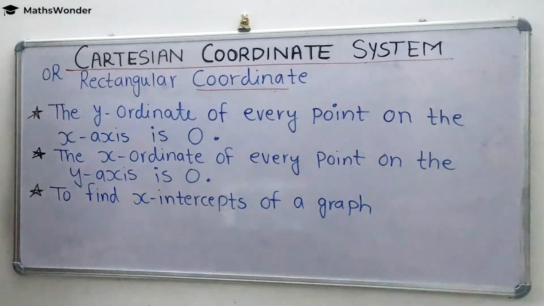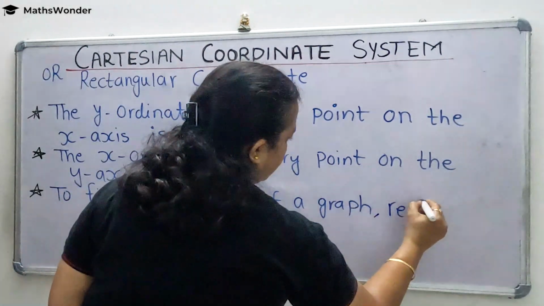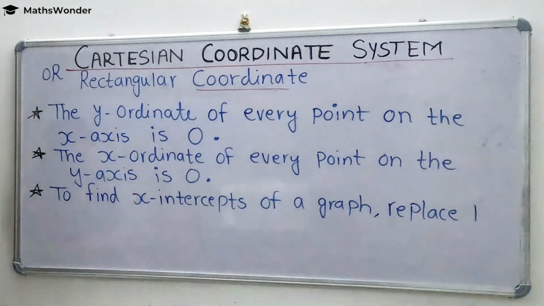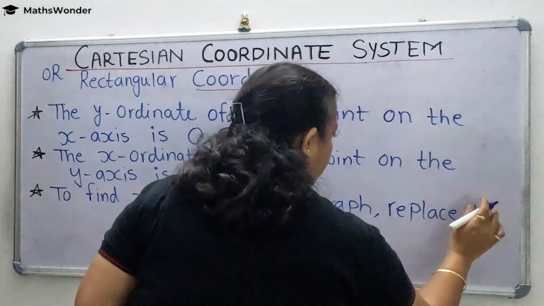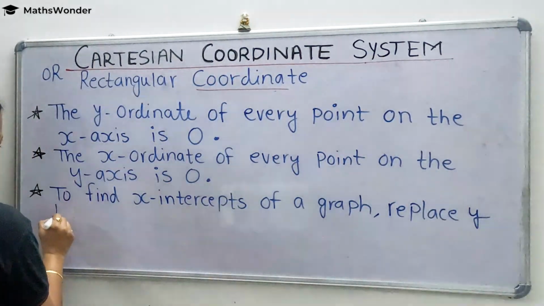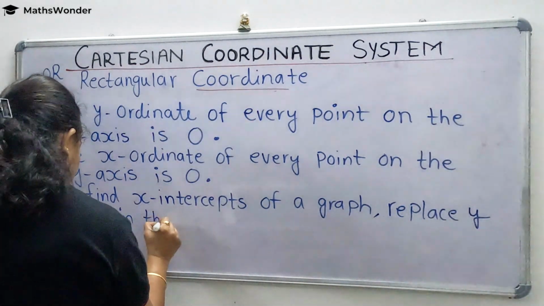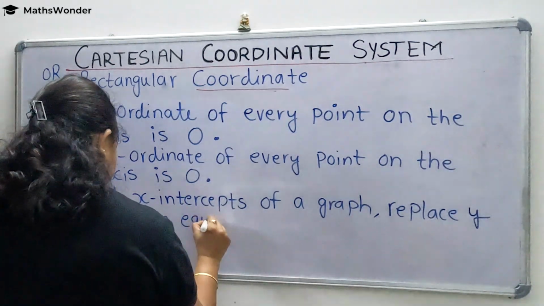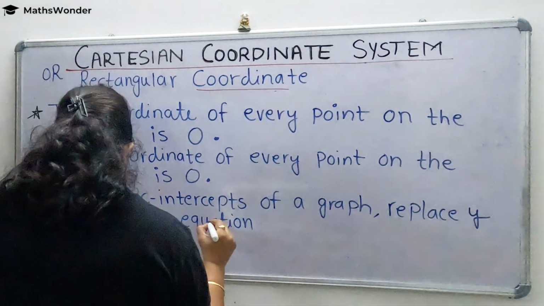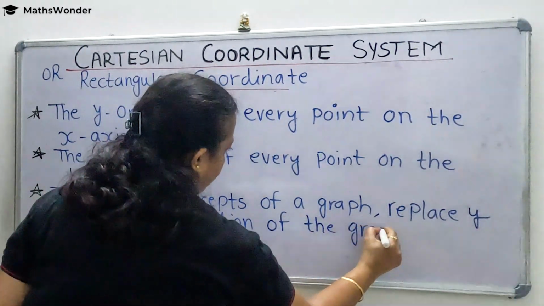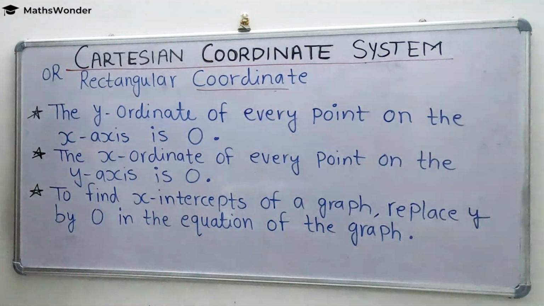To find x-intercepts of a graph, replace y by 0 in the equation of the graph. And the fourth point is same, just the reverse of this one.